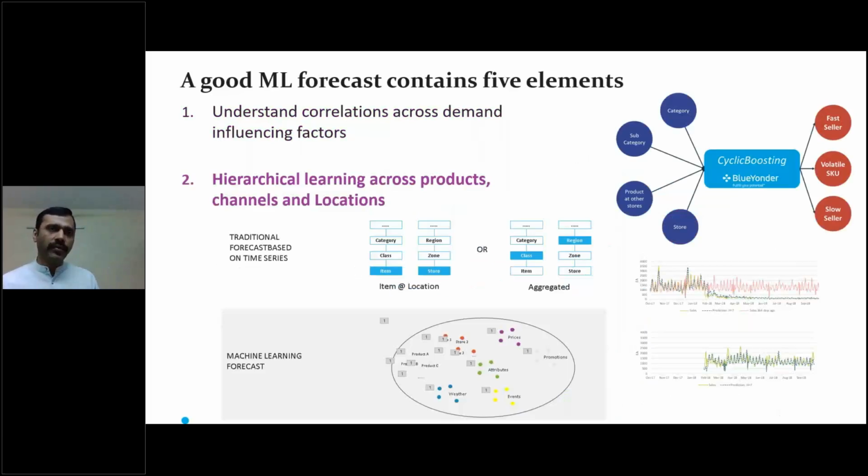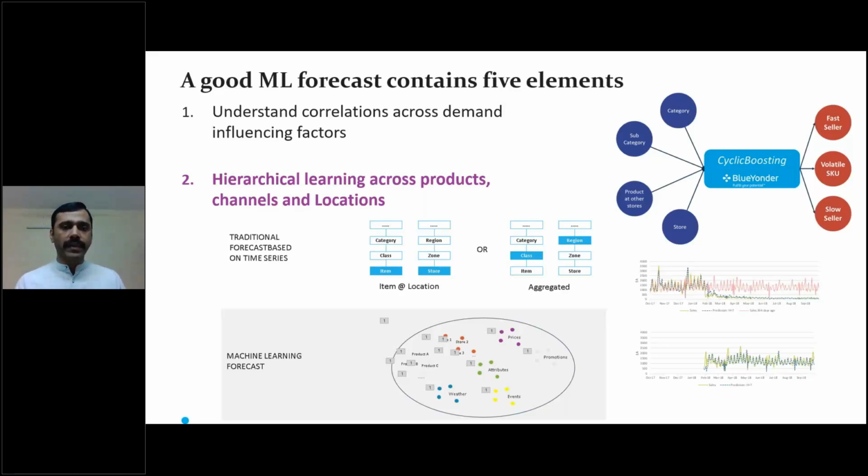The second very important element, what truly differentiates a machine learning based approach from a traditional approach, is also to be able to understand the interaction between the different hierarchies of products, locations, channels, and all of it, right?